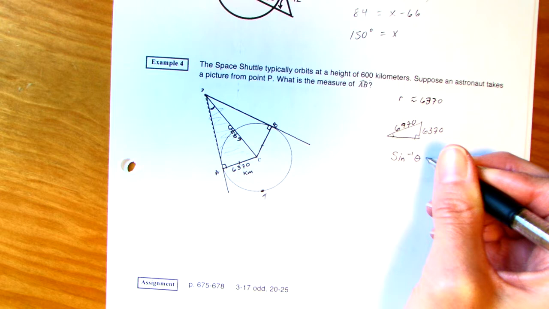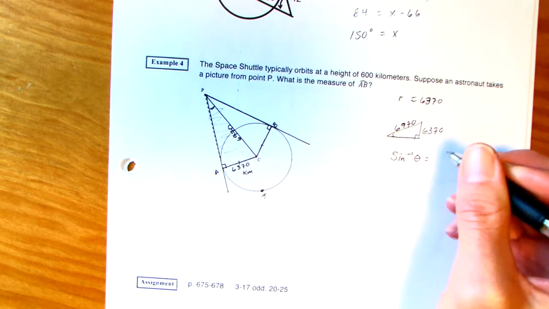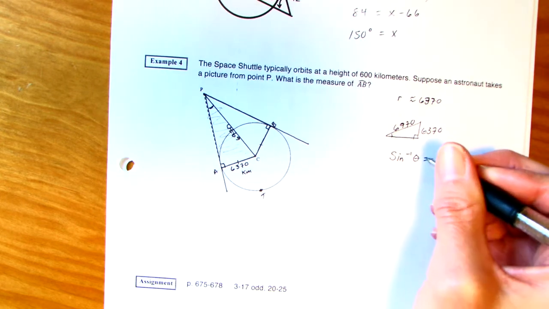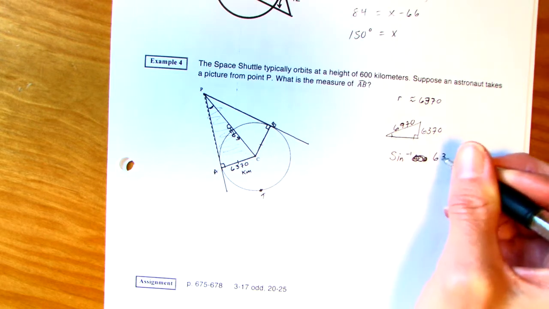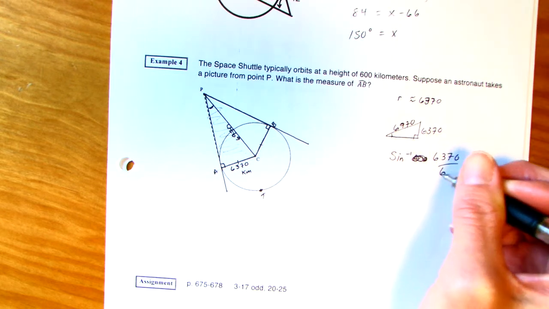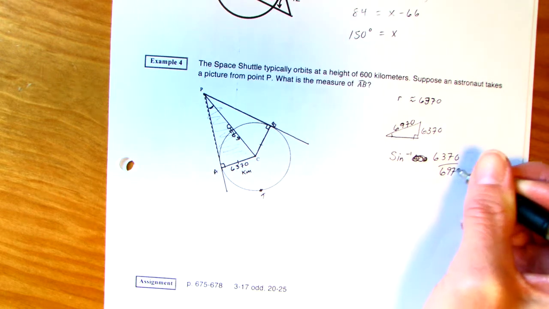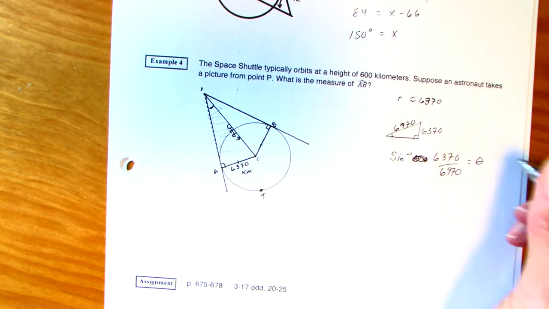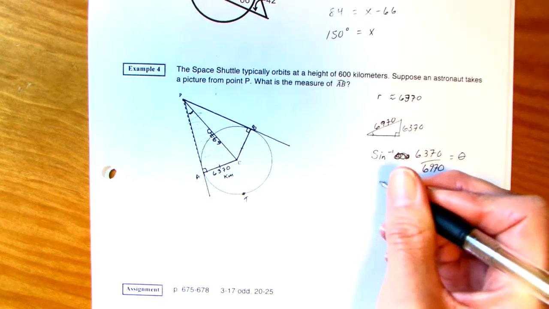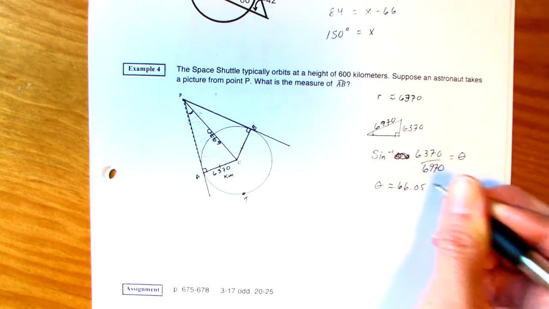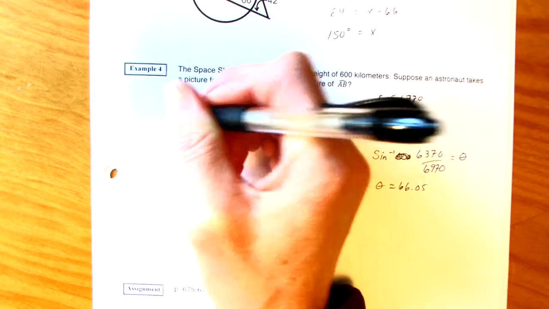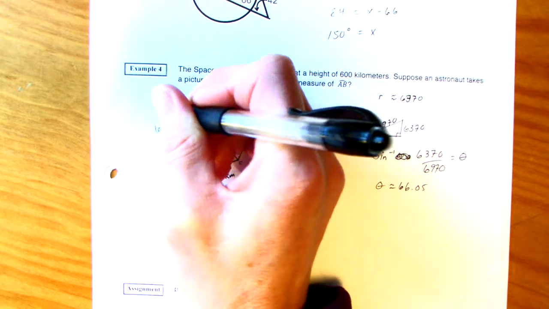Theta is equal to sine inverse of 6370 over 6970. So when I put that in the calculator, your theta should be about 66.05. So this angle is 66.05.